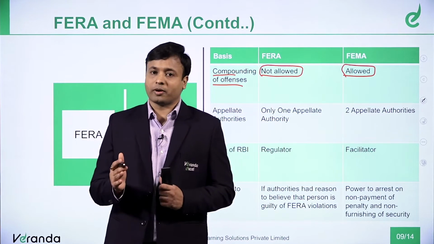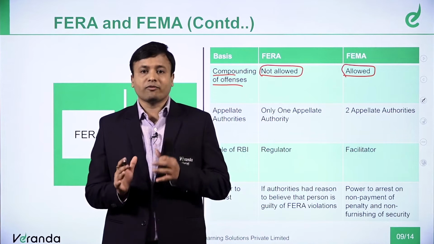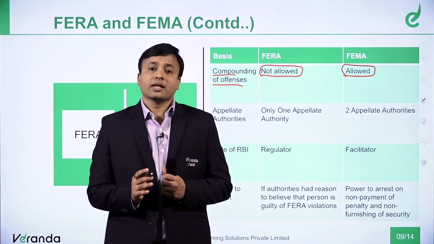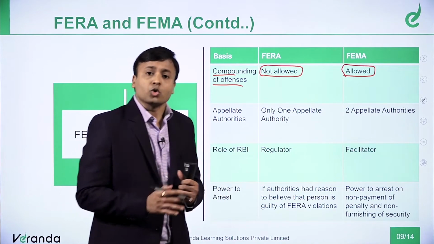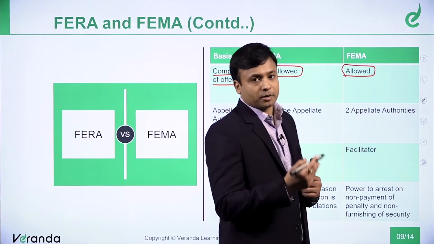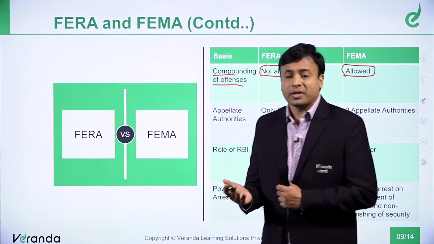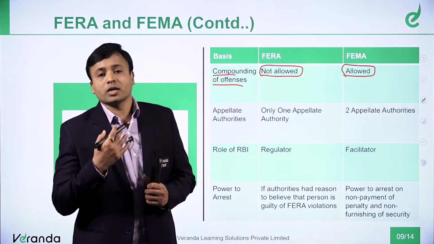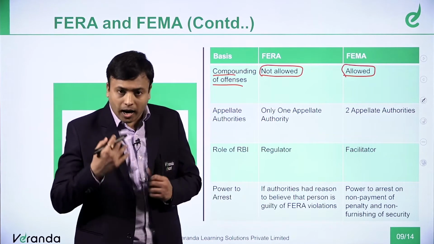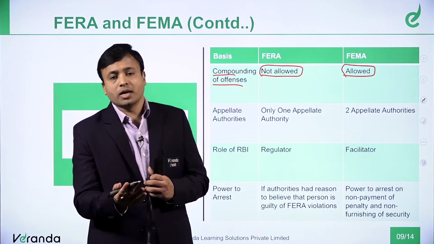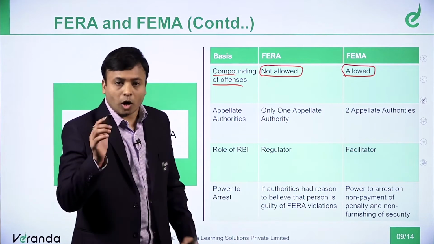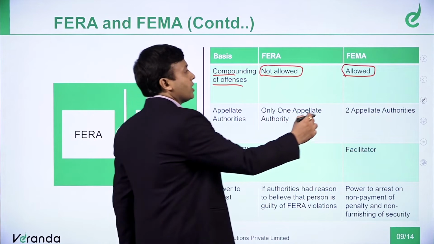However, in FEMA, we do not arrest a person. Instead, there is an option given to him to compound his offence. That means he can pay a penalty in lieu of his imprisonment. Hence, we allow the compounding of offence, meaning we give him an option that you can pay a penalty instead of getting arrested. So, the compounding of offences got allowed in FEMA.